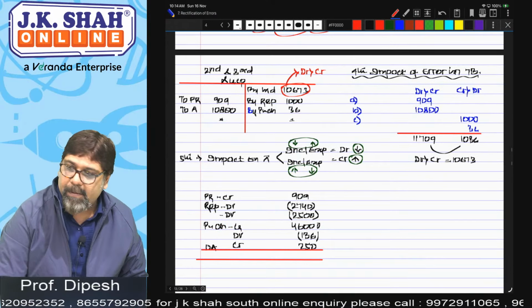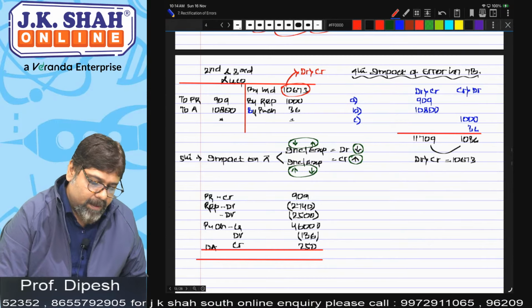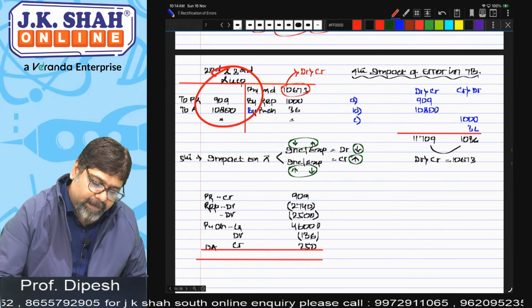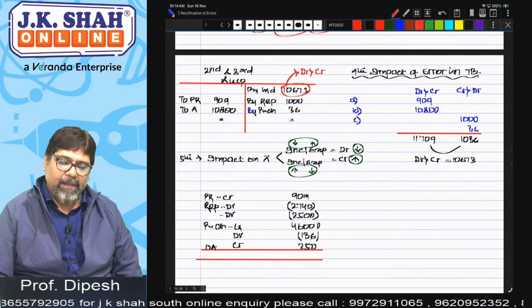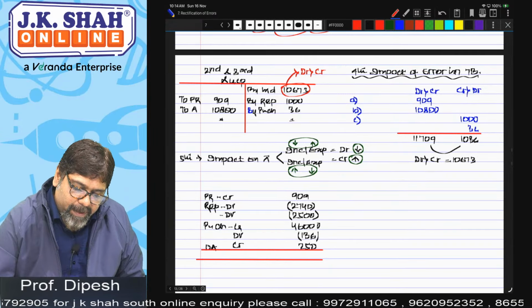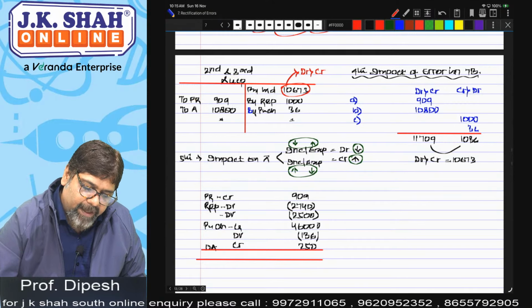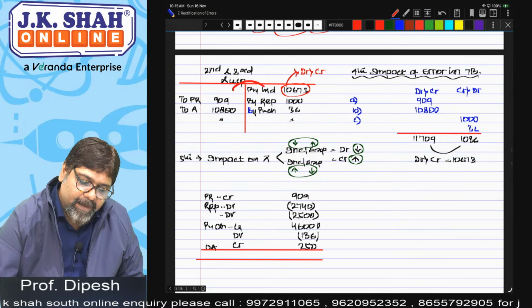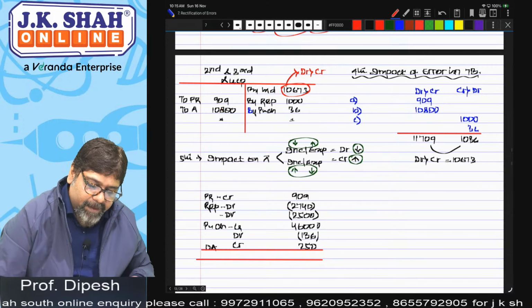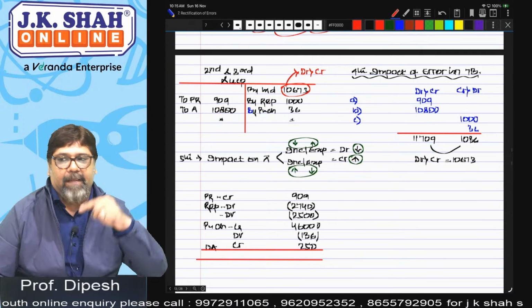If they ask you to prepare the suspense account, then you prepare the suspense account and find the balance. That means you find the opening balance. This becomes easier. But if they say impact, that means you are supposed to show the impact of every transaction.